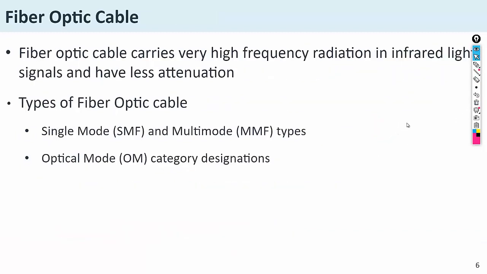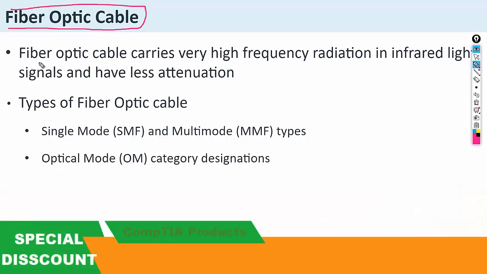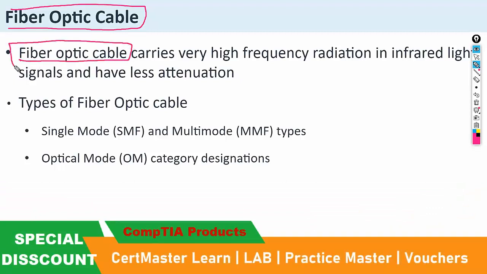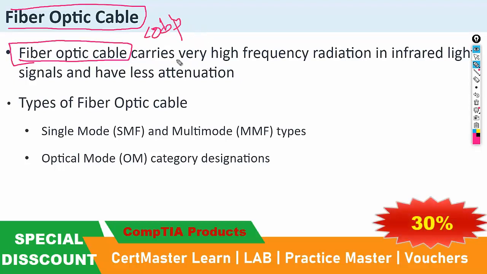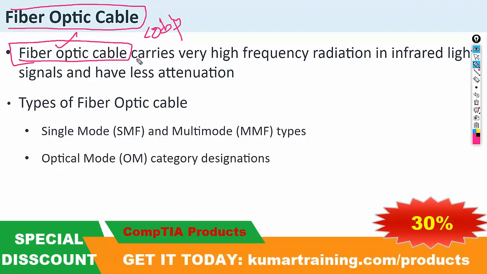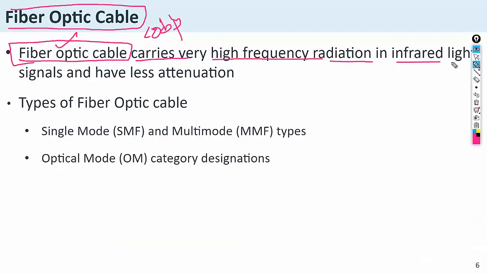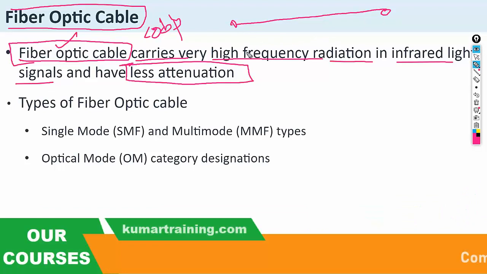The second one is fiber optical cable. As I told you, due to the high attenuation, fiber optical cable is used to replace copper cable, because fiber optical actually carries the data as a high frequency radiation in infrared light signals and has less attenuation, because as you know, light can travel a long distance without attenuation.